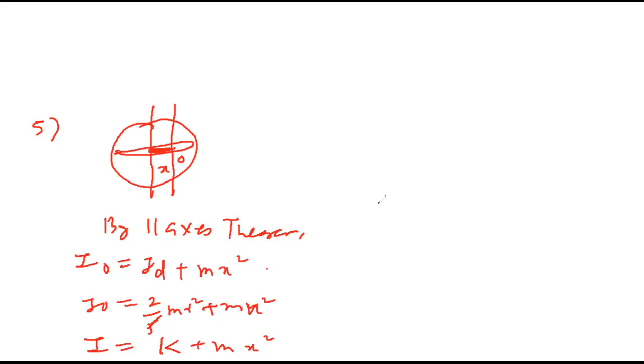Now I is to be taken along the y axis. So this is like y equal to some constant plus m x square. What is the highest power of x? 2. And power of y? 1.